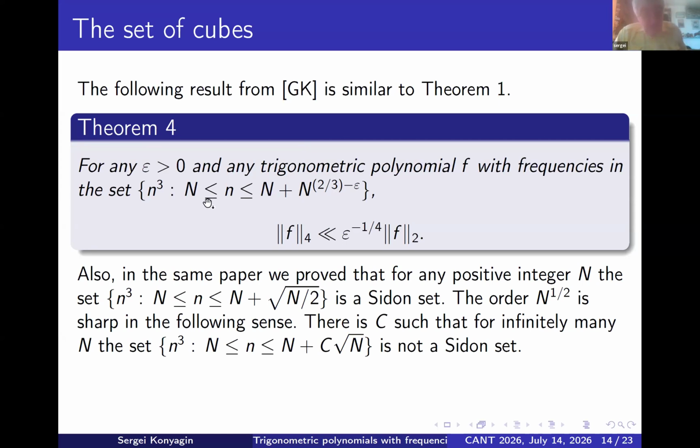If we have a segment whose size is at most n to the 2/3 minus epsilon, then we can estimate the L4 norm in terms of the L2 norm. The coefficient here is at most some constant times epsilon to the minus 1/4.